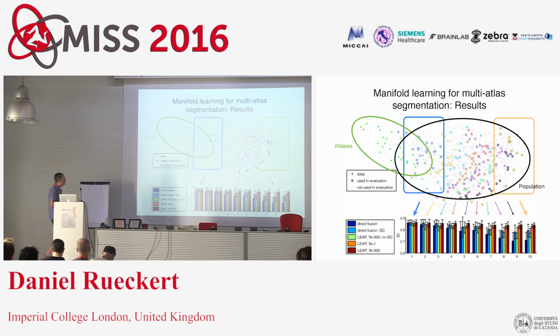If I go to the population which is the most dissimilar, then the bottom blue line here is the one which represents what would happen if I just do naive multi-atlas segmentation. The performance decreases significantly. However, if I do this manifold label propagation, I end up with a result which is virtually the same performance, even though these subjects are quite dissimilar to the subjects I have in my manifold. Okay?